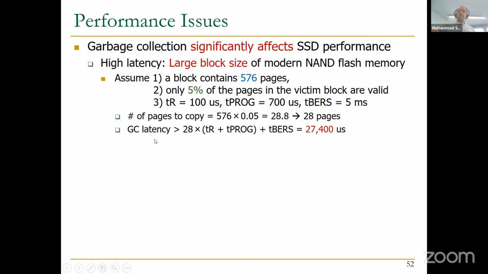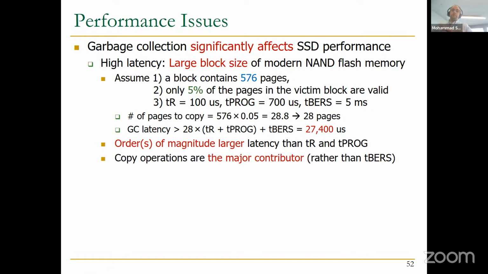So GC latency is at least these 28 page copies, each costing tR plus tProg, as well as erasing, which ends up at about 27,000 microseconds, which is a lot. That's an order of magnitude larger latency than tR and tProg.